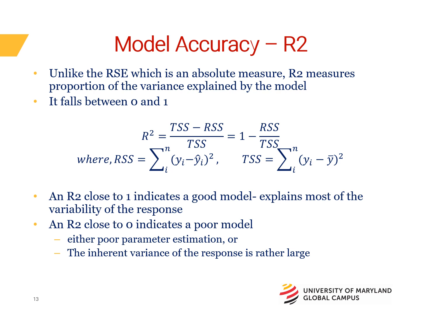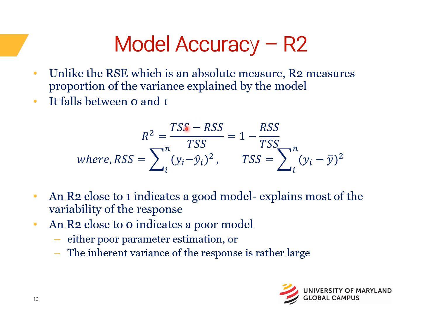Here in this formula, the R squared is calculated as the difference between the total sum of squares and the residual sum of squares, normalized by the total sum of squares. The total sum of squares is from a null model. Okay, this is a model made by just taking the sample mean. You're not fitting any model, just taking the average. And the RSS is the result of fitting a model.